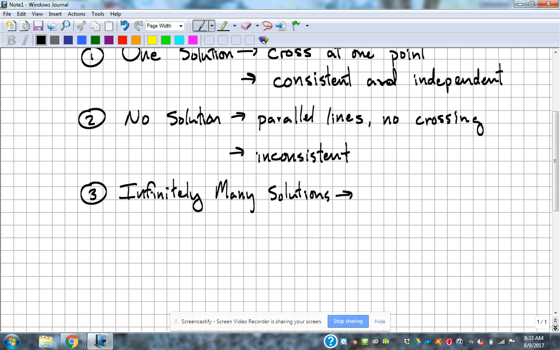I can't bend this marker without breaking it. So what would I do, Serena? Yeah, push them together. Can you count how many places that's touching? A bunch. It's everywhere, right? So it's an infinite number of places where it's crossing. So the lines, if it's straight lines, they're going to be on top of one another. Okay, so we'll say that is the same line.